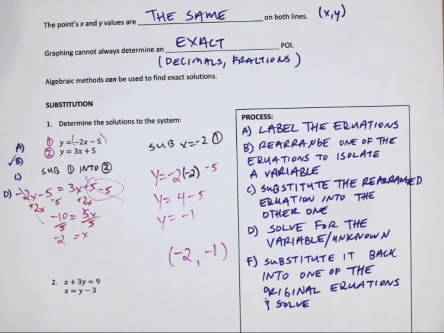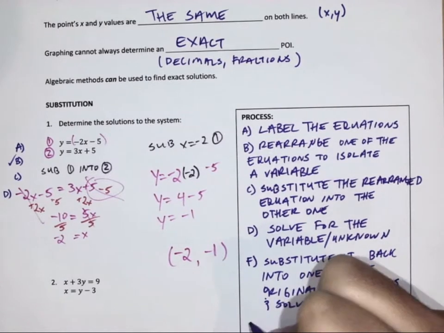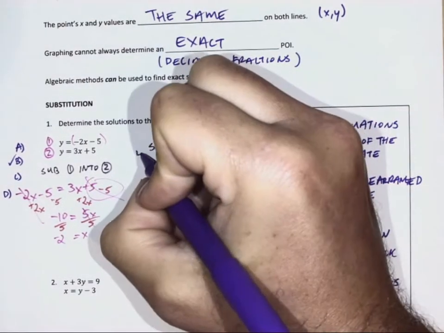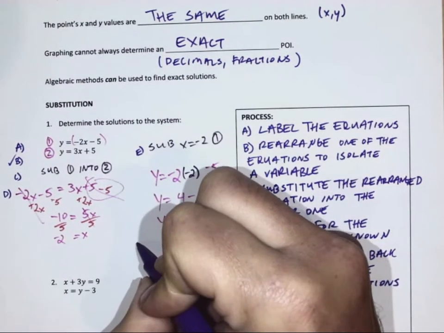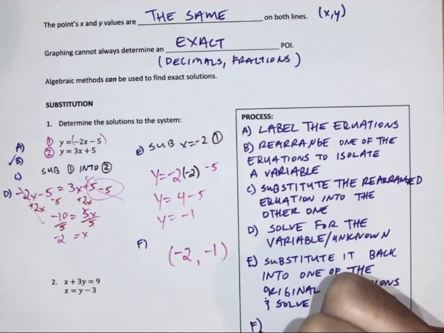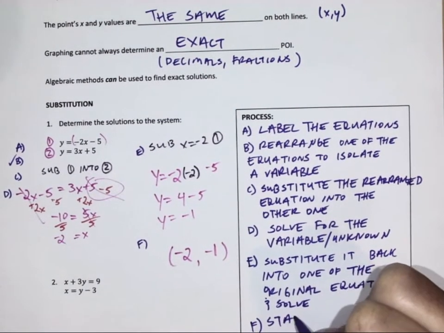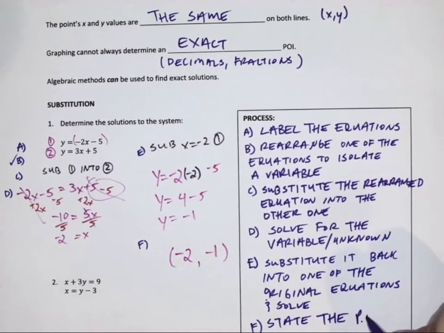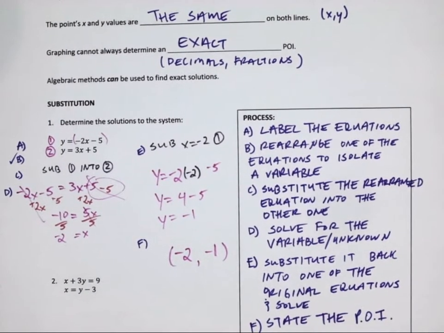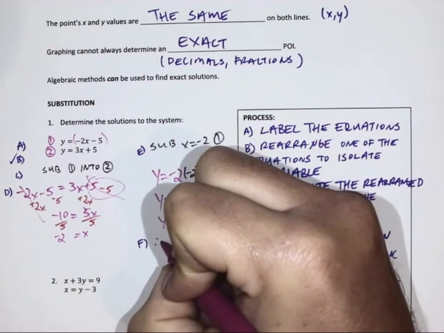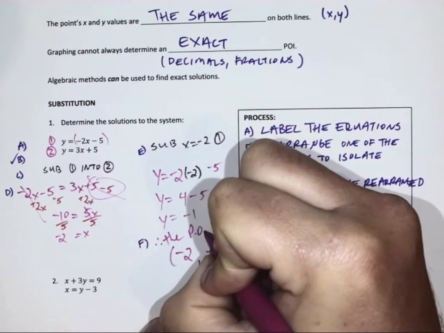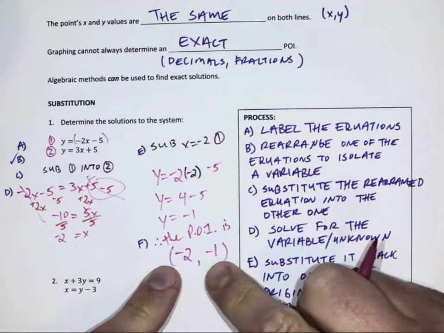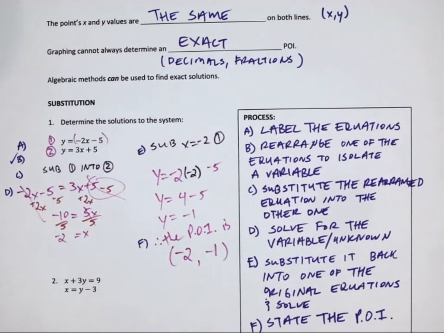And then my last step, I'm going to state the point of intersection. Therefore, the POI is -2, -1. That's just a point.